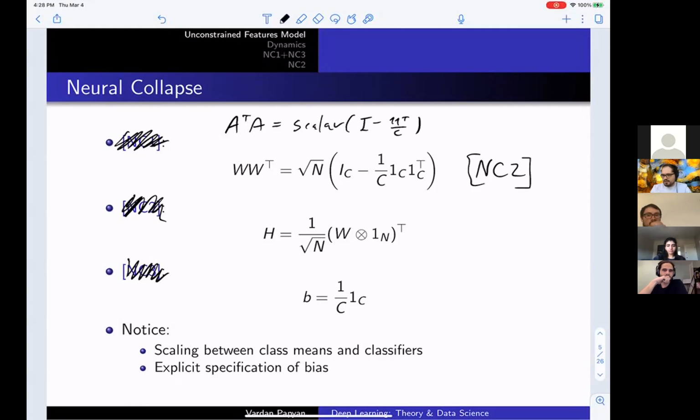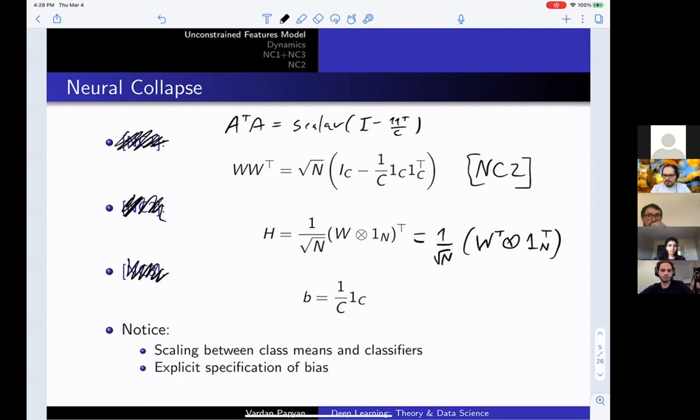What does the second equation tell us? The second equation tells us that H is 1/square root of n multiplied by W Kronecker with a ones vector. What does this mean? I would prefer actually to write it as 1/square root of n W transpose Kronecker 1_n transpose.